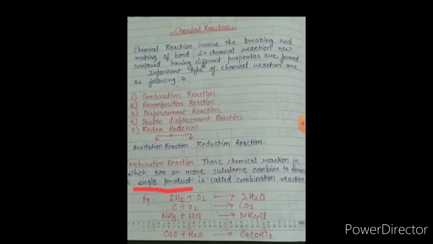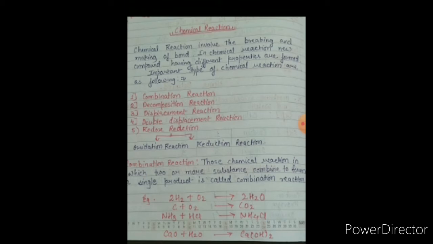We can see the example likewise here in the very first. H2 reacts with O2 and it gives H2O. Another example, carbon plus oxygen gives carbon dioxide. Another example, ammonia plus HCl gives ammonium chloride.